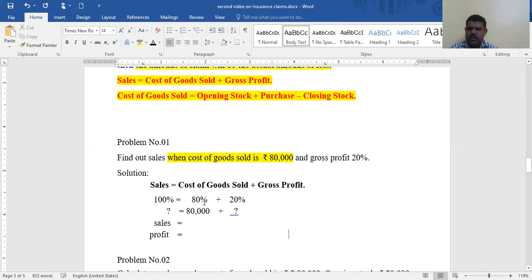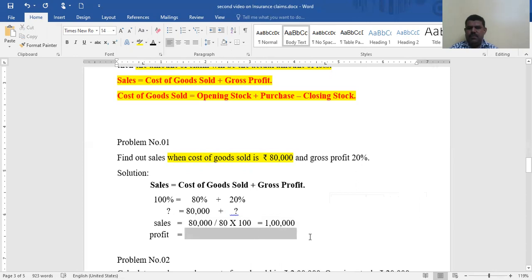So 80,000 equal to 80% means how much is 20% and how much is 100%? Let us get that by putting a small formula. That is 80,000 divided by 80 multiplied by 100, that is, sales is 1 lakh.